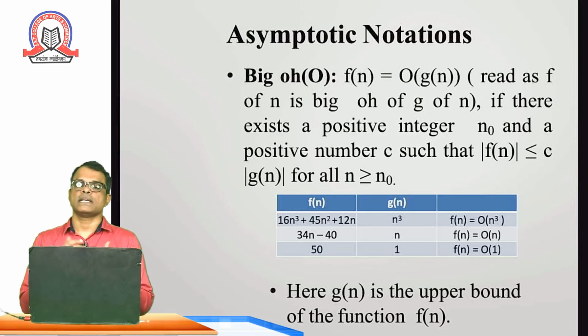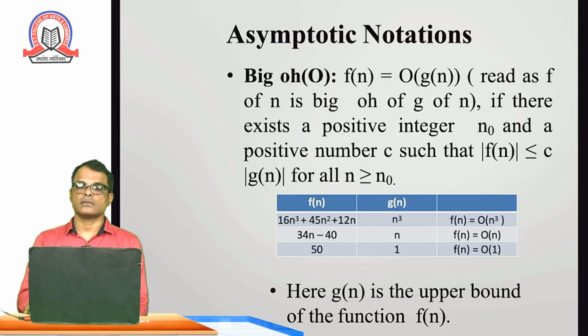So basically this big O notation gives you the upper bound of a function. So when we talk about the upper bound of the time required, whatever time is required to solve that algorithm, the maximum time bound, we will get with this big O notation. So when the function f of n is less than or equal to c times g of n for all n greater than or equal to n0 and c must be greater than 0, at that time we can say the big O notation exists.